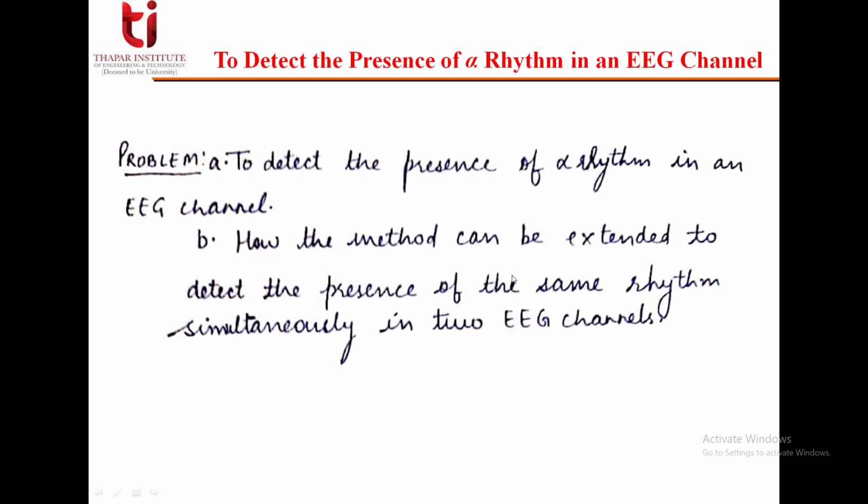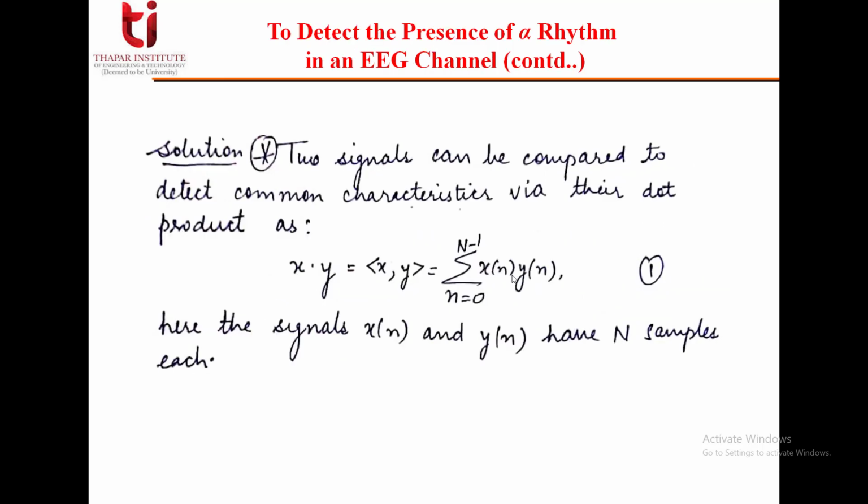So first we will see detection in one signal, and then we will see, if the same rhythm is present in both EEG channels, how we can detect the presence of that frequency, or rhythm. So this is our problem.